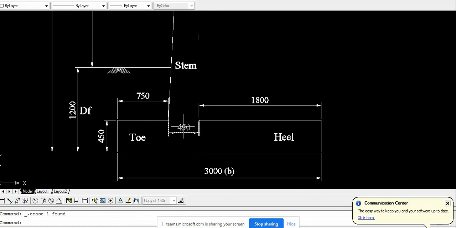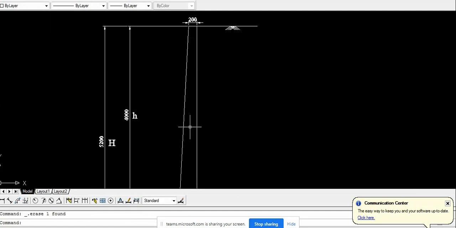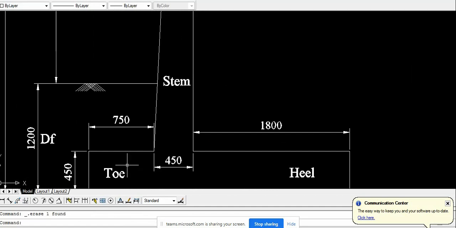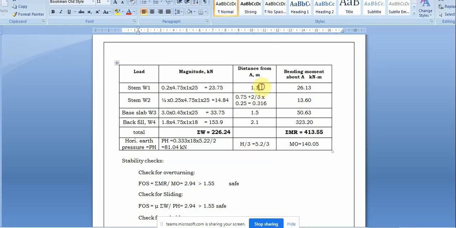So 750 plus 250 will be almost 1 meter, plus half of this 200 will be 0.1, so 1.1 meter from the toe end, that is nothing but the lever arm. We can see here 1.1 lever arm. So multiply the lever arm with your magnitude, we get the moment as 26.13 kilonewton meter. This is due to the rectangular section of the stem.